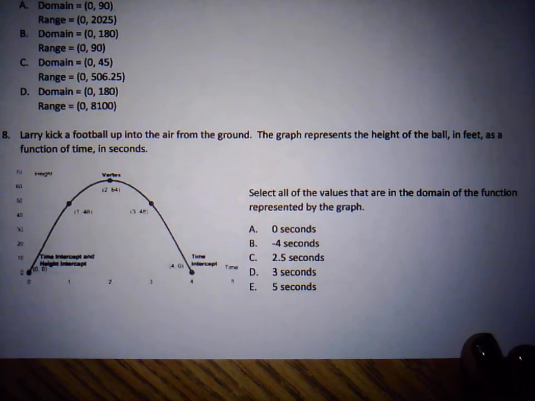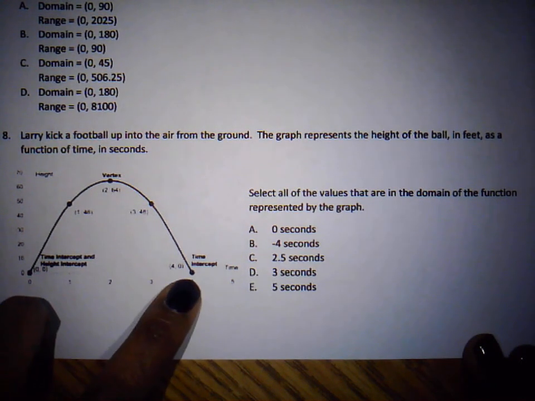The graph represents the height of the ball in feet as a function of time in seconds. So as time passes, the ball gets higher or lower, depending on where we are in the time continuum. How long did it take the ball to hit the ground? 4 seconds. Yeah, good. Because there's the starting point, choink, choink, choink. Boom, hits the ground there.